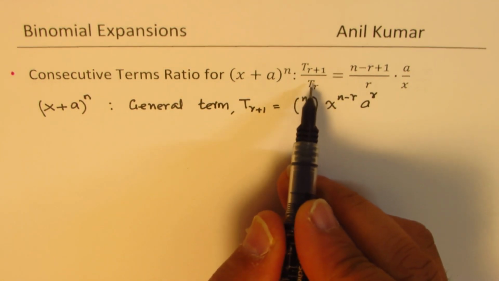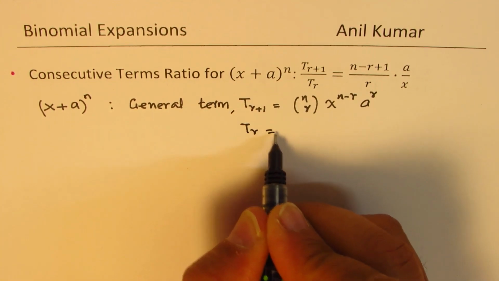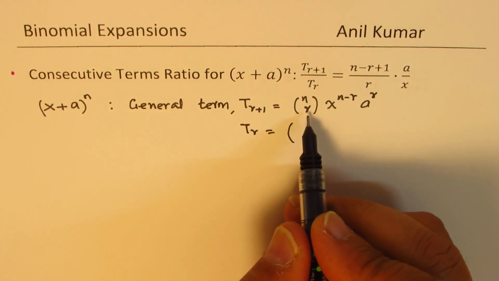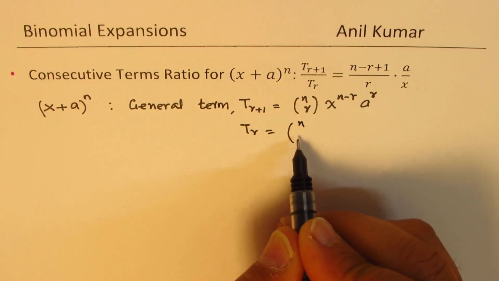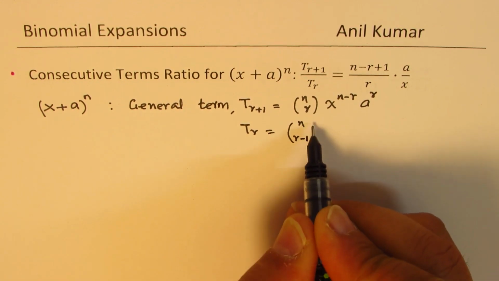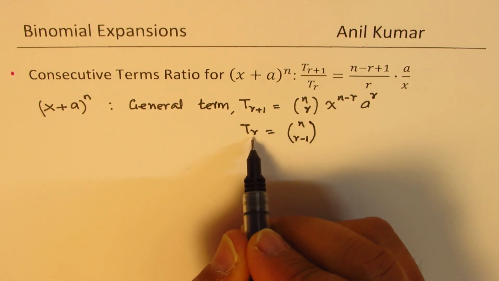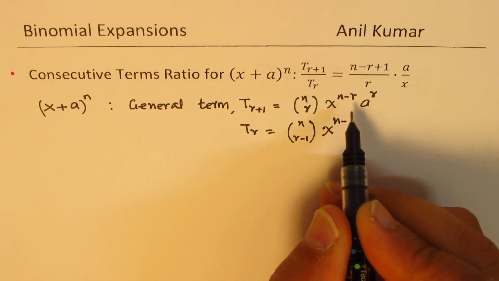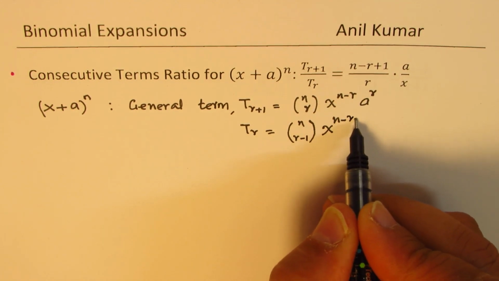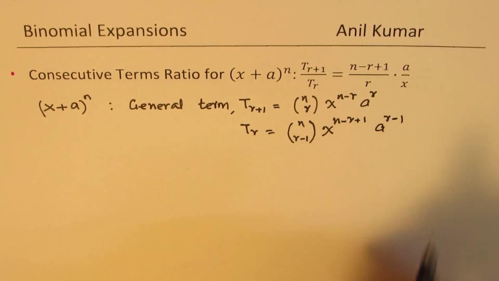Now, if I want a term before this, then I can write T(r), basically replacing r with r minus 1 in the general term. So we get nC(r-1) x to the power of n minus (r minus 1), minus of minus 1 means plus 1, and a to the power of r minus 1.